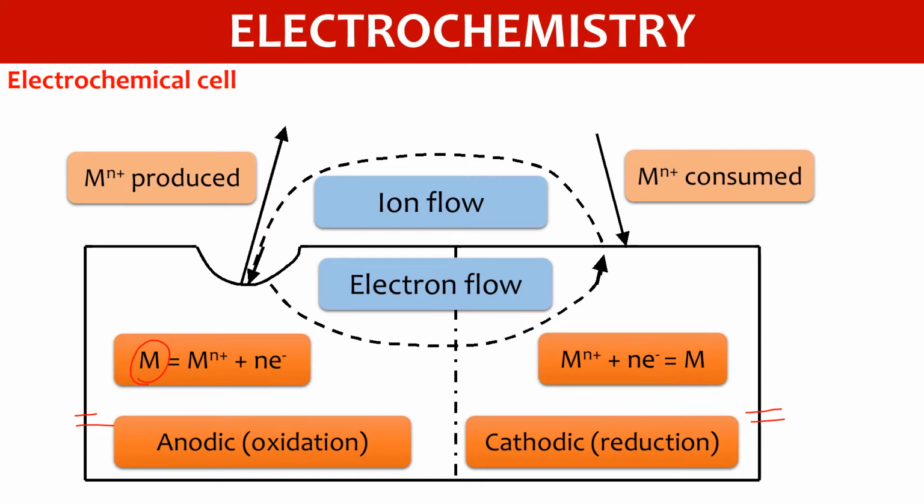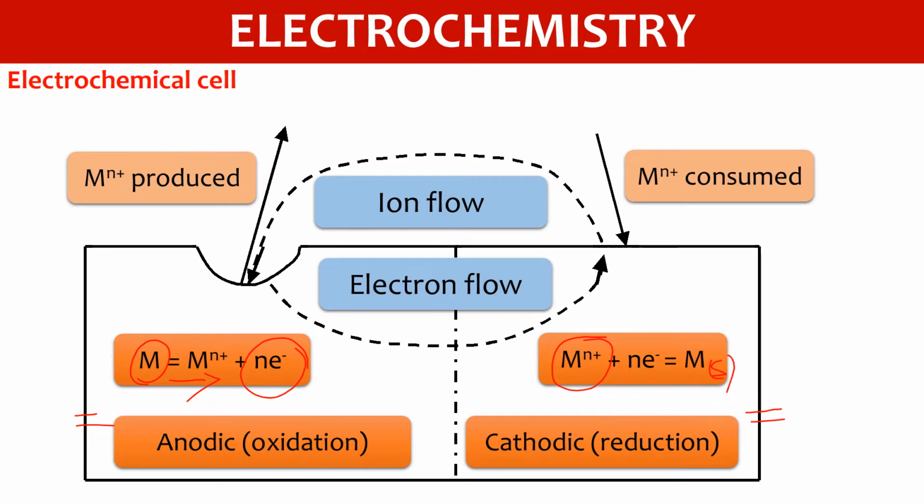Your M is being oxidized to metal ions, releasing a certain number of electrons. And at your cathodic side, the metal ions are being reduced to your metal in solid state.